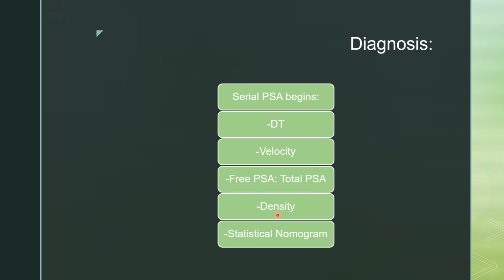Then, when we tabulate the value of PSA through the blood, and we divide that by the volume of the prostate gland picked by the ultrasound, we will get the density. When the value is greater than 0.1, then we're in trouble.